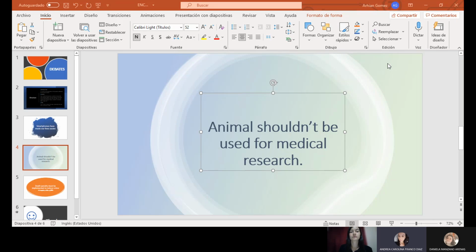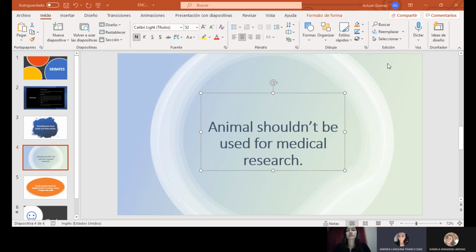And in my opinion, I think it's really, really sad that this happens, because any human being could suffer, because they want to test makeup or different kinds of products.